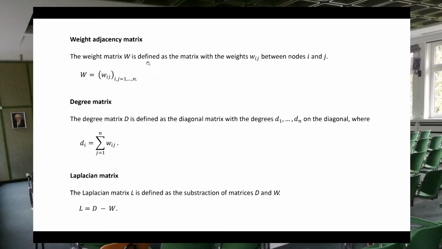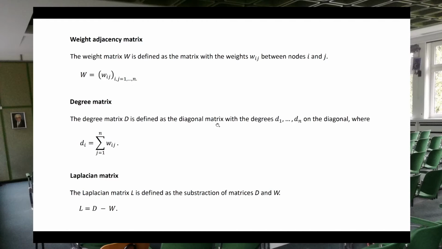This matrix W is defined as the matrix with the weights Wij between nodes I and J. So this is going to be a square matrix, n by n, and in each entry of the matrix you will put the similarity measure between node I and J. Then we have the degree matrix.